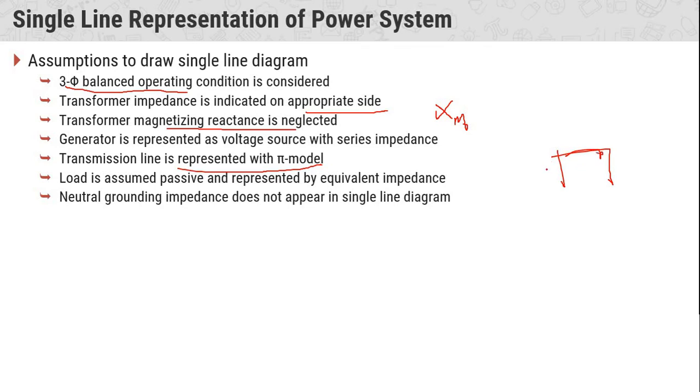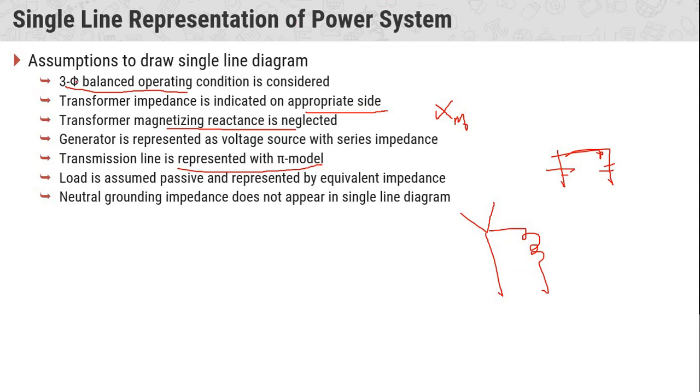Here one impedance, here a capacitor, so it is a pi model. Load is assumed passive and is represented by an equivalent impedance. Natural grounding impedance does not appear in a single line diagram. Suppose we take a star connected load or source, the natural grounding impedance is not considered in the single line diagram.